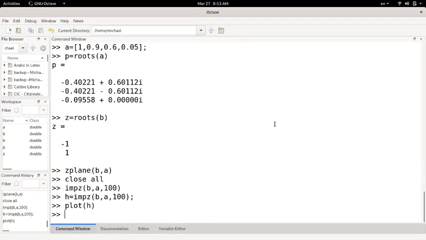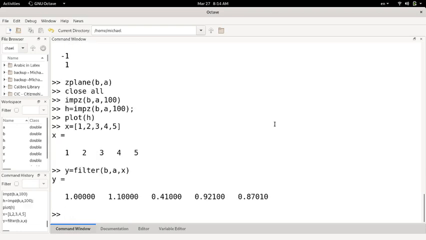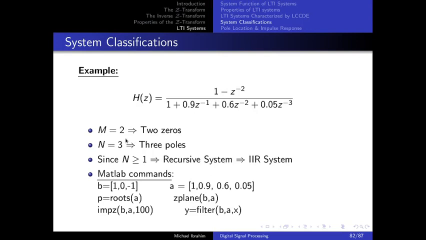So let's go to MATLAB and let's define x to be, let's say, equal to 1, 2, 3, 4, and 5, any kind of input. And then for the output we'll use the command filter, and we will give it B and A and the input x. And this would be the corresponding output, which is basically the convolution of the impulse response of the system with this input. And so basically the command filter would apply the input x to this system and get us the corresponding output y.